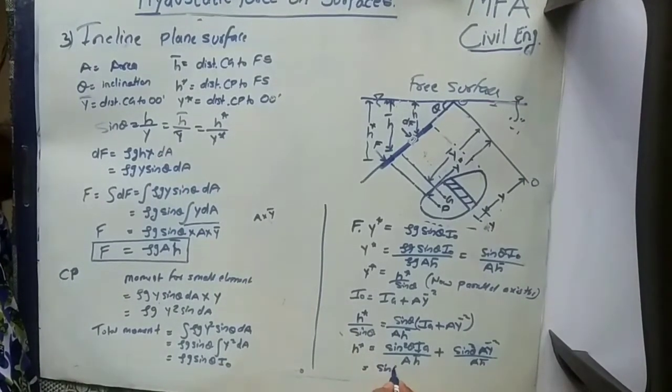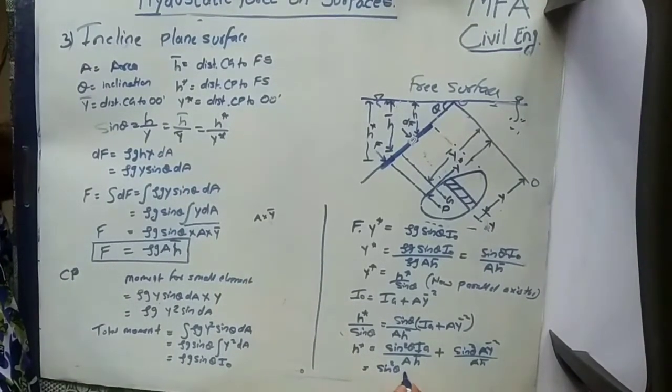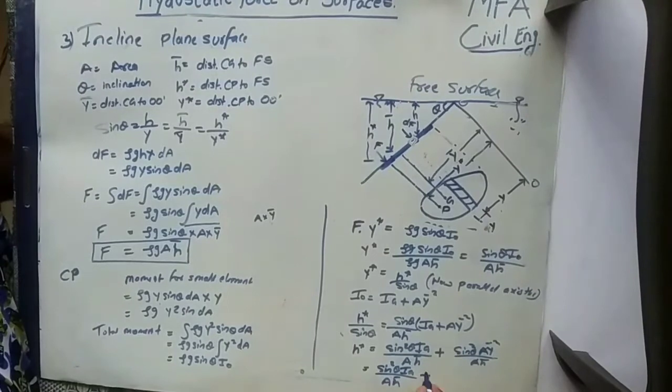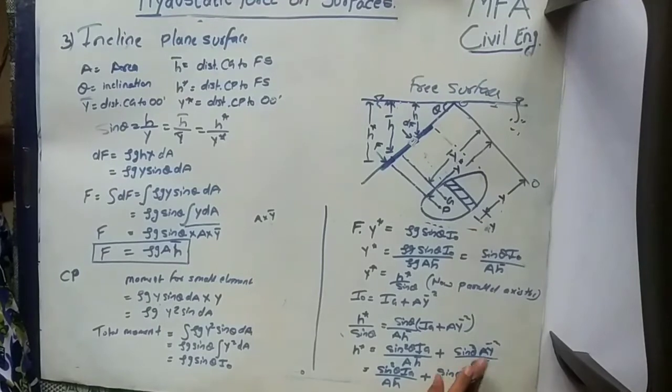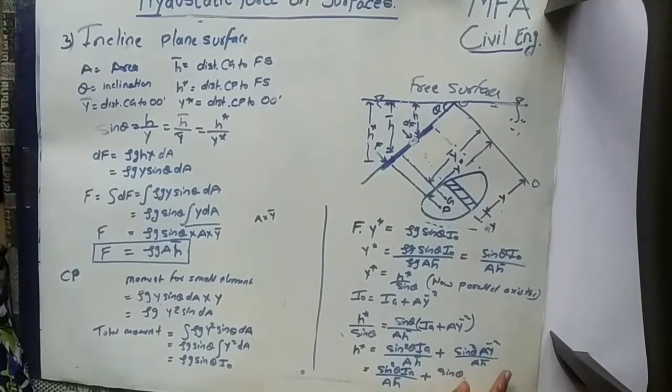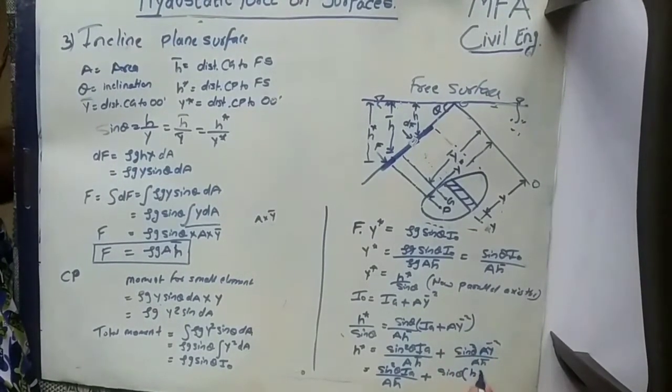the sine square theta Ig upon area into h bar plus sine theta into area, which gets cancelled. Y bar is equal to h bar square upon sine theta square divided by h bar.